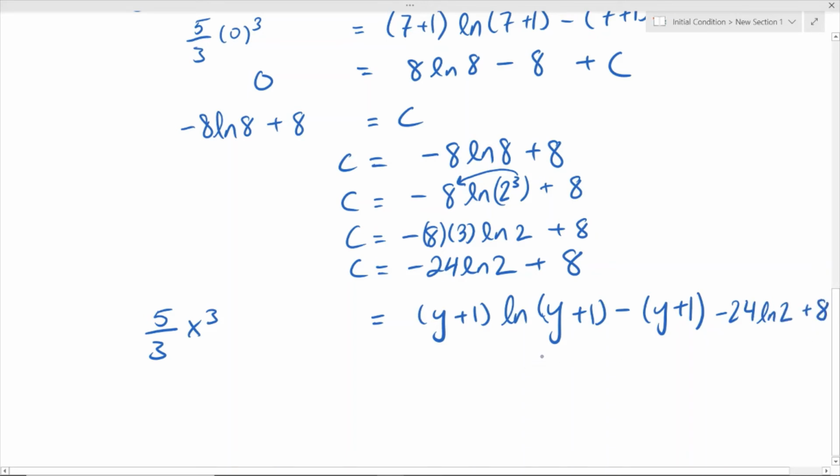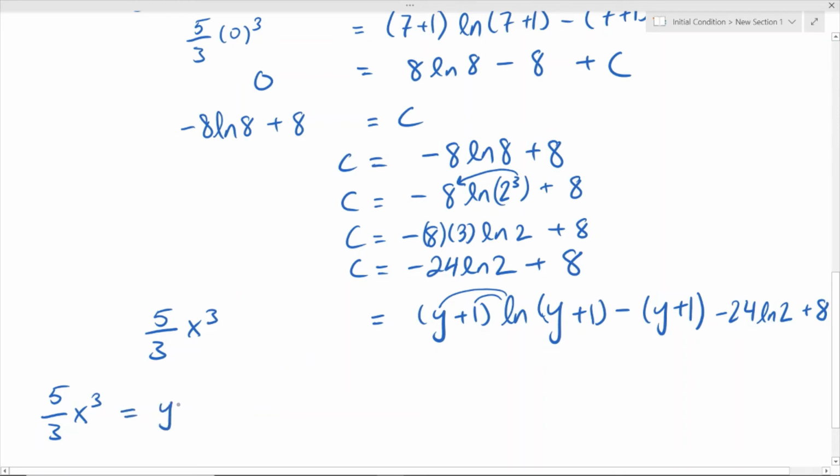And then what I like to do is organize this a bit, so I'm going to expand this, as we can recognize that this is like the distributive property. I'm going to write the equal sign here this time.